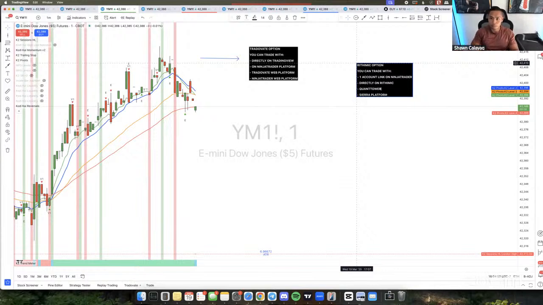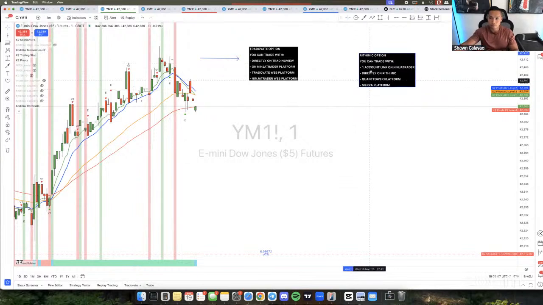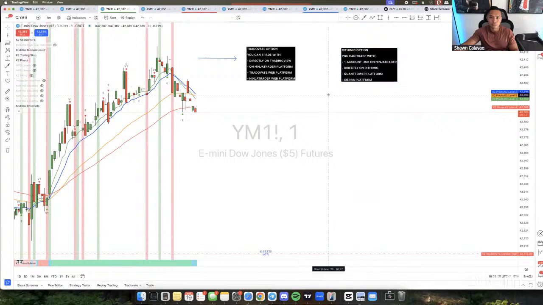So here's the annoying thing, and I'll show you real quick. I can't say anything for Quant Tower or Sierra because I don't use them. But if you want to trade on NinjaTrader, it's super annoying.